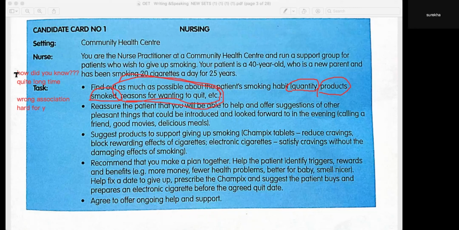Yeah, sure. There are Champix tablets and electronic cigarettes, which can help you to reduce your craving without interfering with your smoking satisfaction. So you can go and try that. You wanna try, Miss Mary? Yeah, of course, sure.